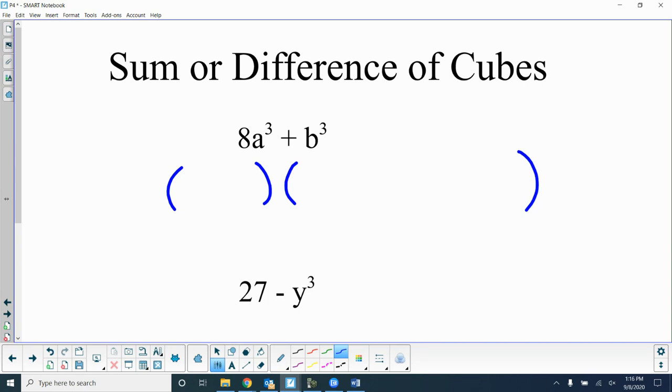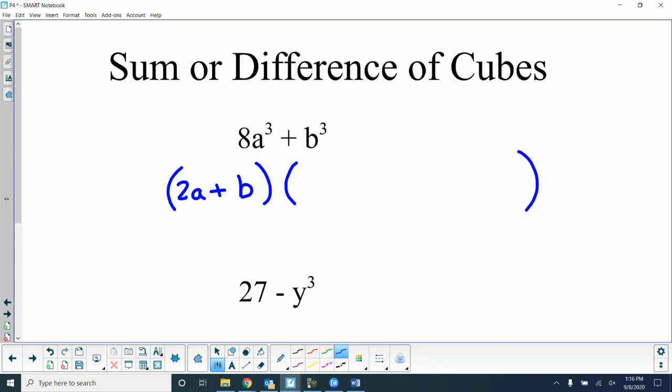Cube root of this first term, cube root of 8a cubed is 2a, goes in the front. Cube root of b cubed is b, it goes in the back of that. And this symbol there, plus, matches that. It'll be the same. Okay? That's how you get the binomial.